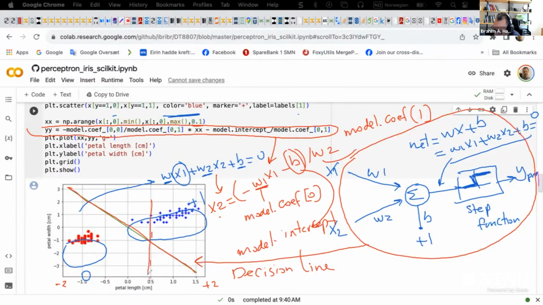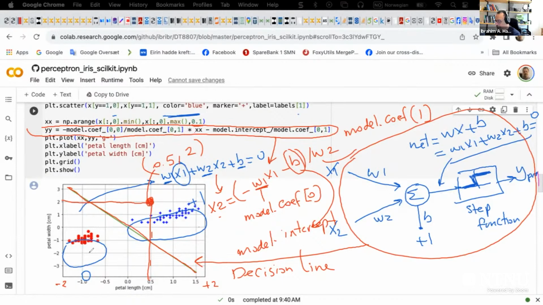Imagine that we got a species in the future which has a petal length of 0.5 and a petal width of 2 centimeters. We will put this point in this graph, and if the point is above the line, it will be classified as Setosa. Otherwise, it will be classified as versicolor.